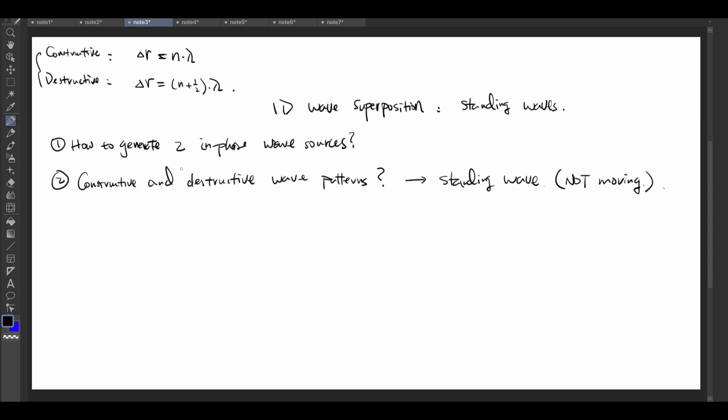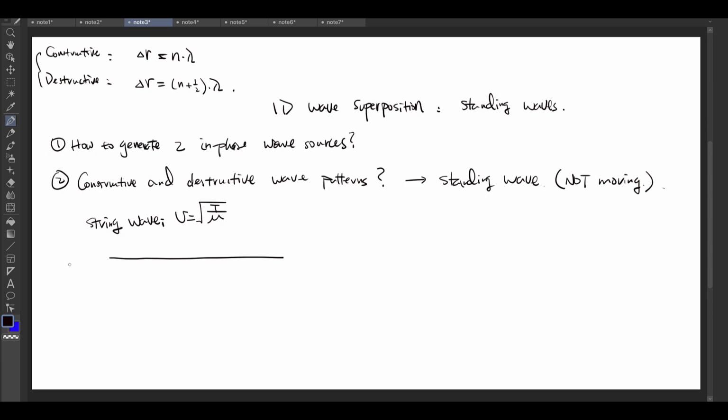So let's answer the first question first, how to generate two in-phase wave sources. Okay, so we're going to use the string as an example. String wave. Now here's the string. And suppose that we pull it tight with some tension force T, and then we also know the linear mass density mu, then we know the wave speed is given by square root of T over mu.